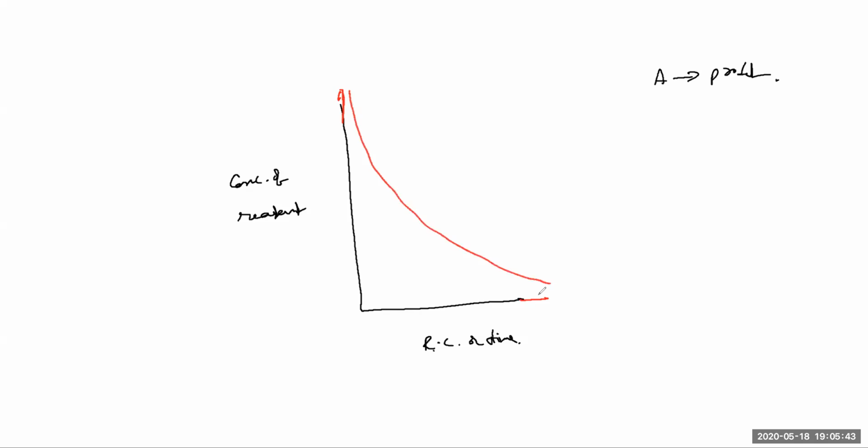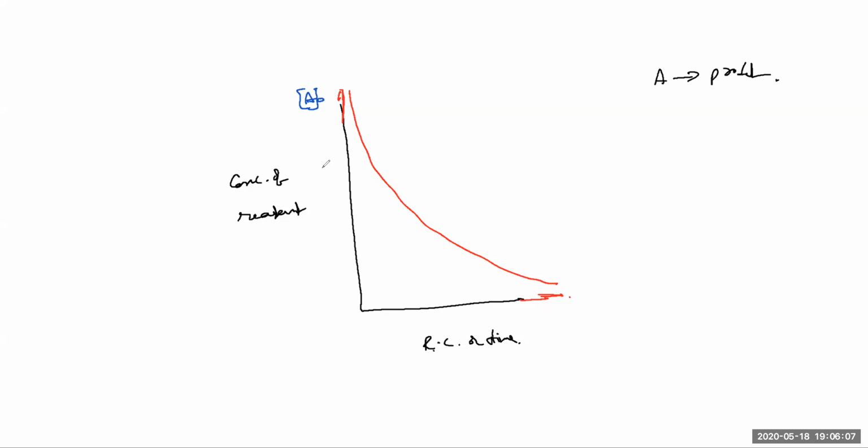Here is A naught. A naught means the initial concentration; the square bracket is the molar concentration. That is a reactant only.